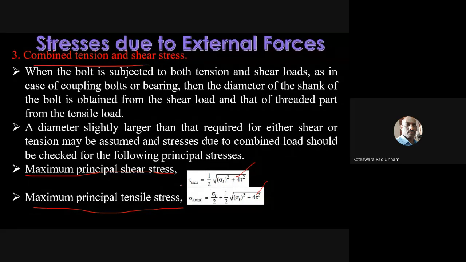Then you compare this tau max to the allowable shear stress in the bolt, or sigma T max to the allowable tensile stress in the bolt. If the allowable values are more than these induced stress values, you can say your design is safe. Otherwise, it is going to fail. That means you need to modify your design and proceed.